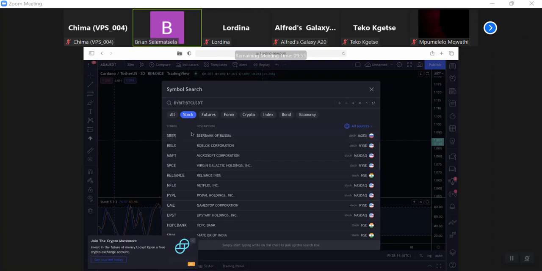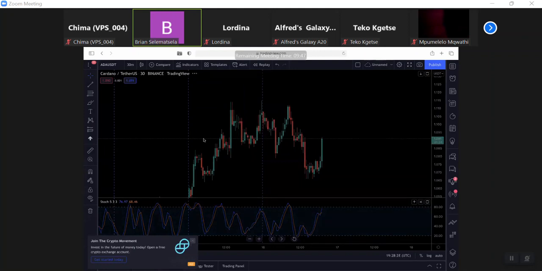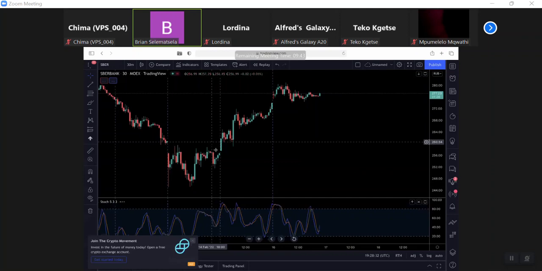Why? Because if I go into a stock asset right now, I can look at that. Let's check any random stock, with the proper chart. Okay, you will see that here there is a gap. When it is time for divergence and a gap happens there, that's when you can find some difficulties.